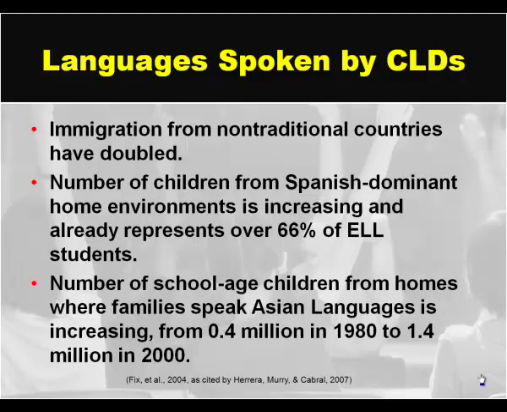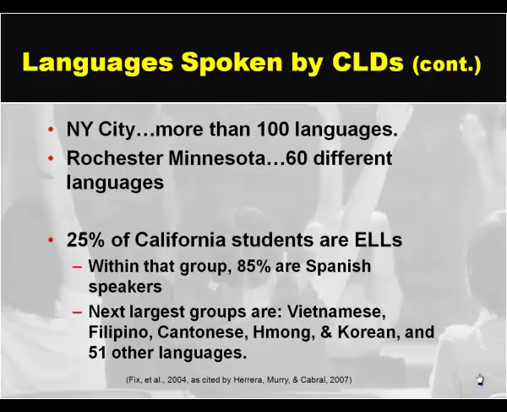Number of school-aged children from homes where families speak Asian languages is increasing from 0.4 million in 1980 to 1.4 million in 2000. As to the languages spoken in today's classroom, there is great variety.